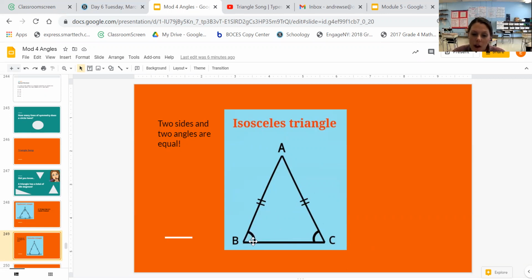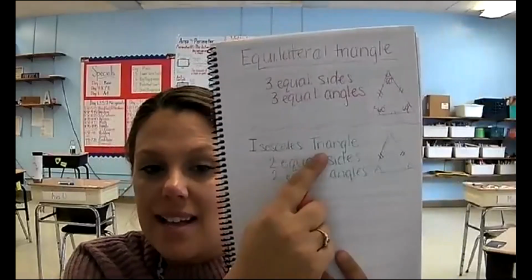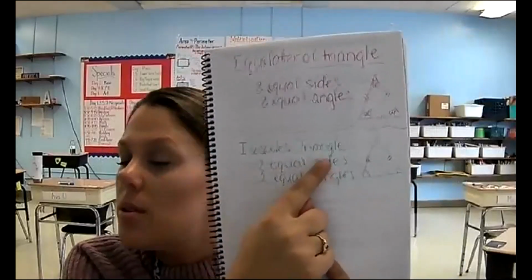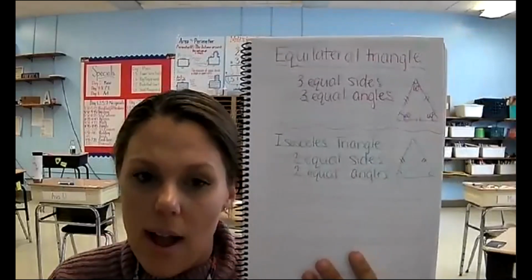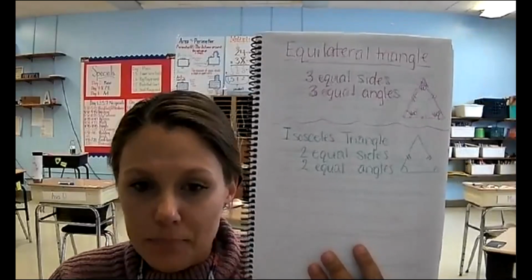We also see the arcs of the angles. These two are the same arcs, so we know that they're the same size. So in your workbook, on that blank page, you're going to write isosceles triangle, two equal sides, two equal angles, and then draw your picture of an isosceles triangle.